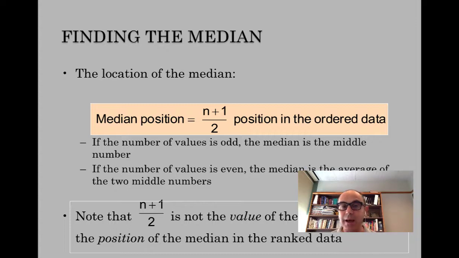We usually apply n plus 1 divided by 2, which gives not the value of the median, but only the position of the median in the ranked data. And I will talk about ranked data as I did last time. This is something we need to be concerned about when we are trying to analyze, for example, a questionnaire and not just any data set.